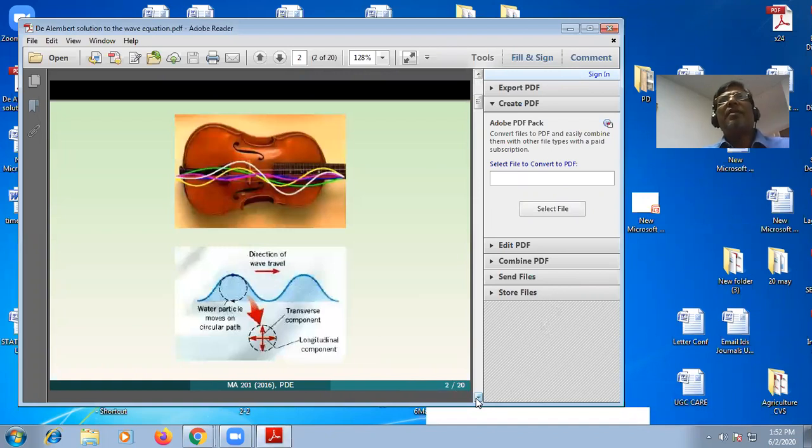You can see for the practical purposes how the sound bits pass through a musical instrument, and how if you throw a particle in the water in a pond, then what will be the direction of the wave, and whether the transverse or the longitudinal component will be formed. You can understand here with the help of these two diagrams. They are very much practically connected to your day-to-day life.